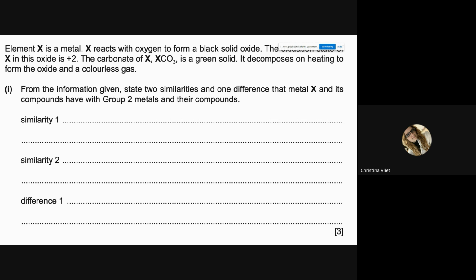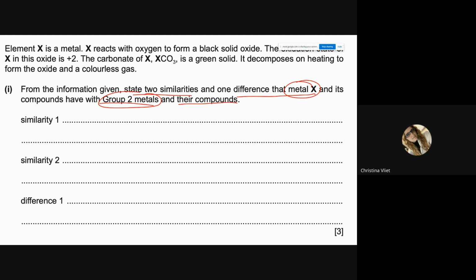From the information given, can you state 2 similarities and 1 difference that metal X has with group 2 metals and their compounds? What's 1 similarity that metal X has to group 2 metals?